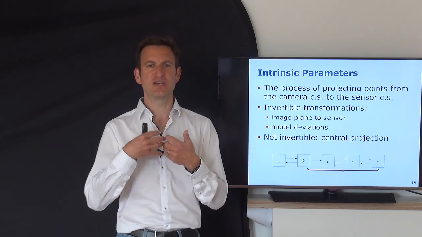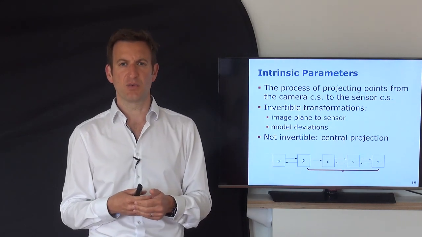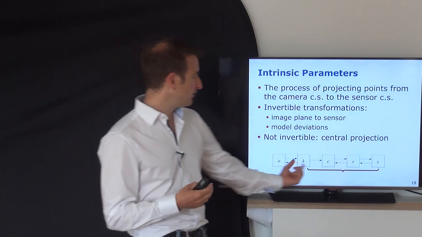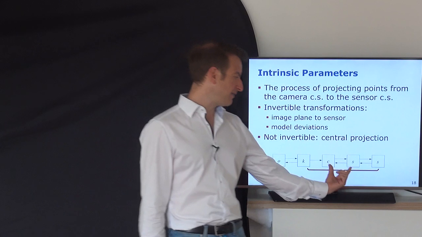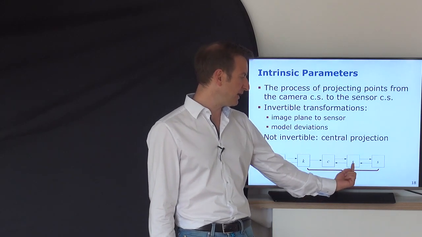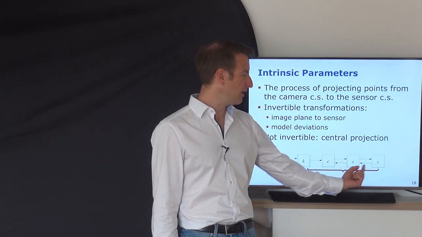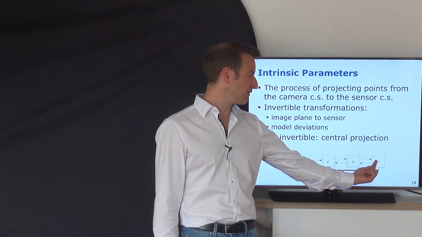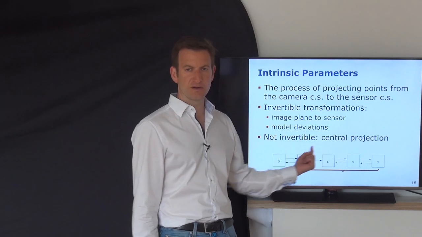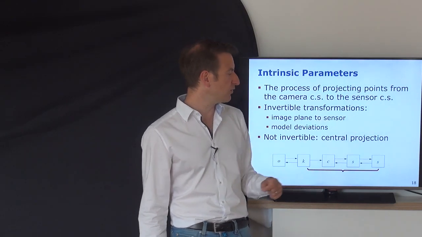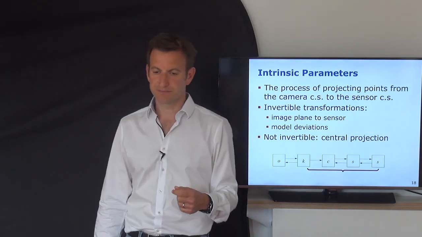We lose the information how far a point is away in the world. So this transformation here, the ideal projection, is not invertible. The other transformations from the image plane onto the sensor coordinate system, or also inside the sensor coordinate system, are invertible transformations, but this one is not invertible. Therefore, the arrow just goes in one direction.